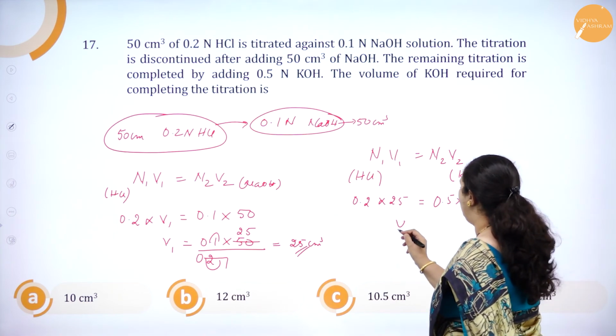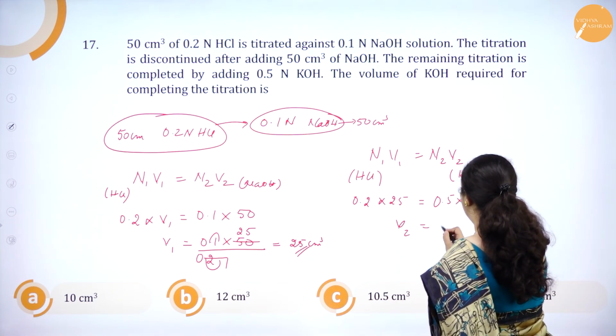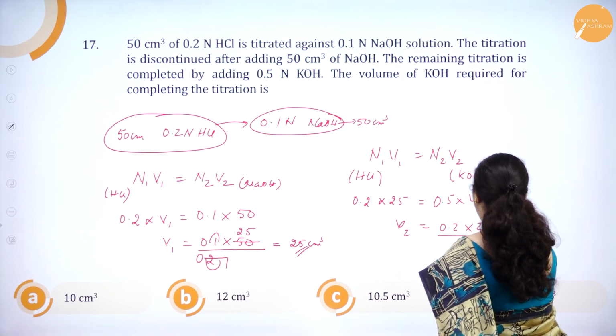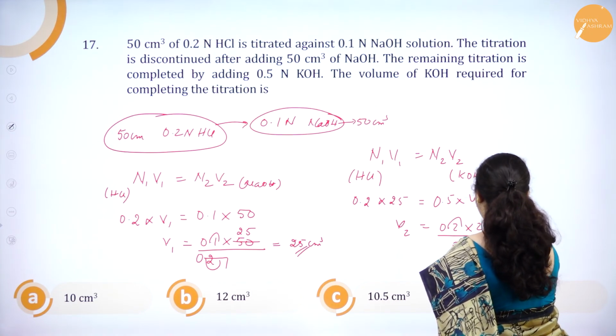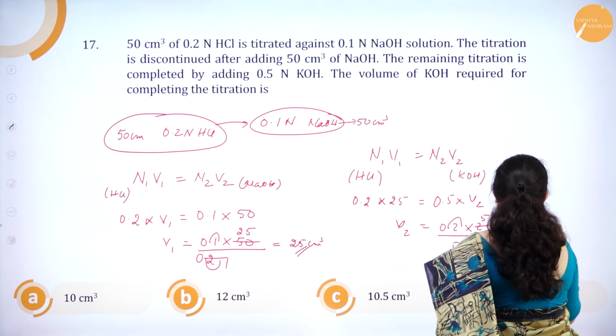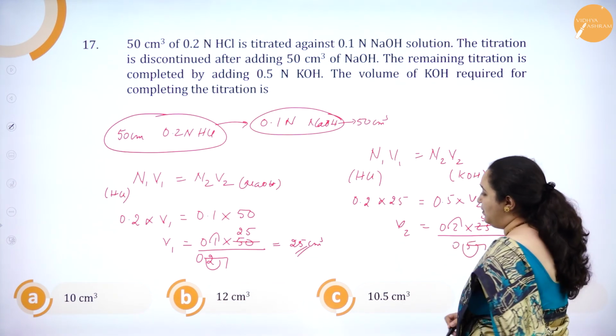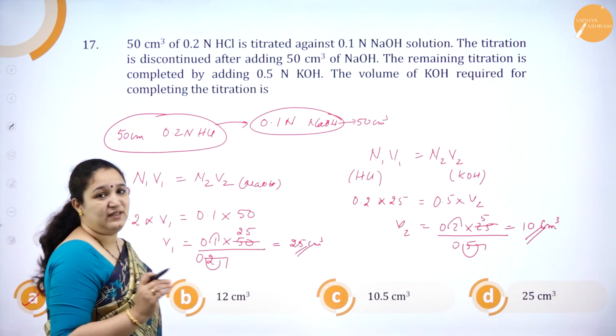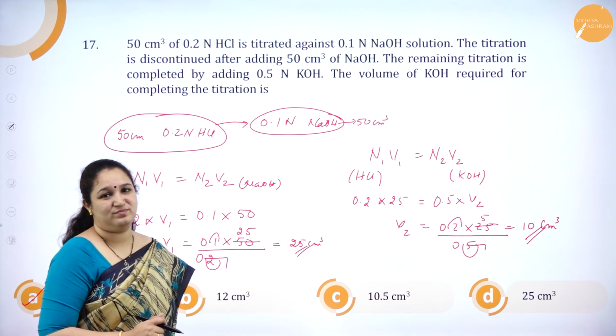Correct? So V2 is equal to 0.2 into 25 divided by 0.5. So it is 10 cm cube. Answer is option A, which is 10 cm cube.